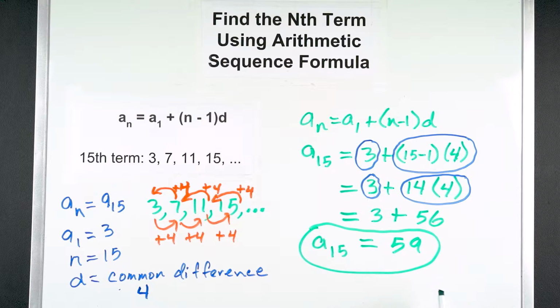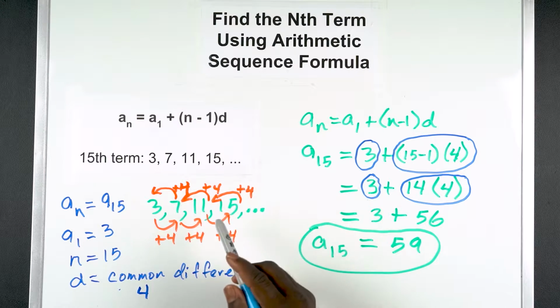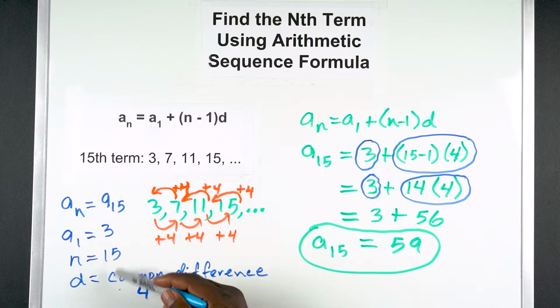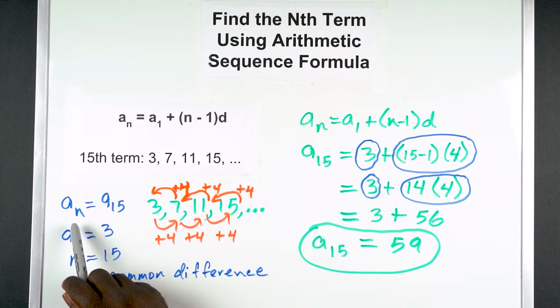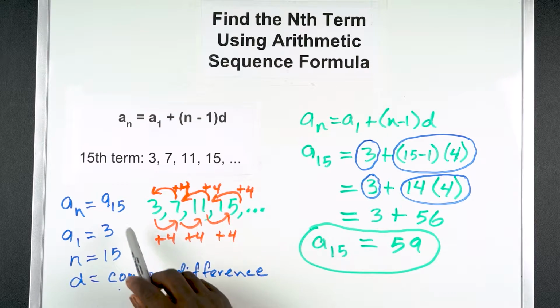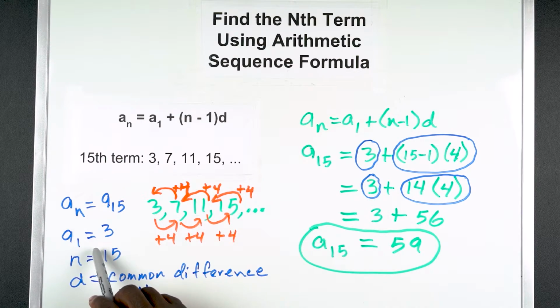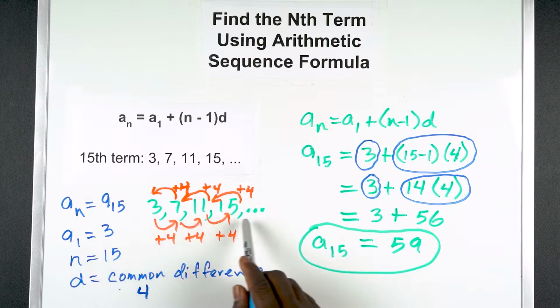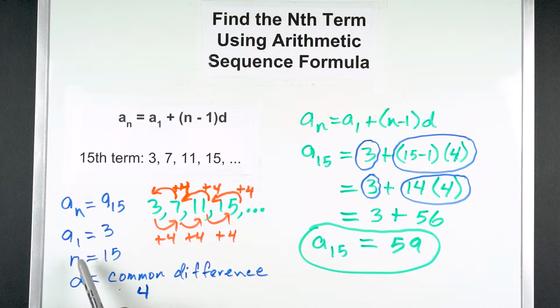So let's do a quick review of what we did to find the 15th term. First thing we did was we identified our variables in the formula. Here we represented the fact that a sub n is equal to a sub 15, since we're looking for the 15th term. The first term is 3 in this arithmetic sequence, and we know that n equals 15, and the common difference we found was 4.